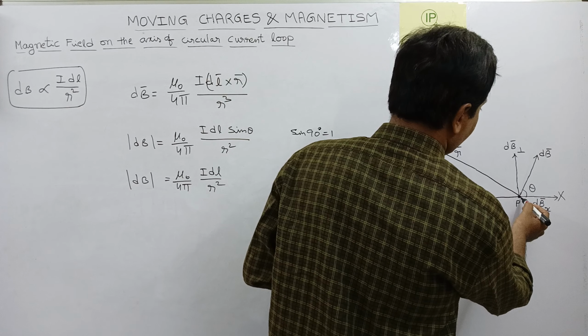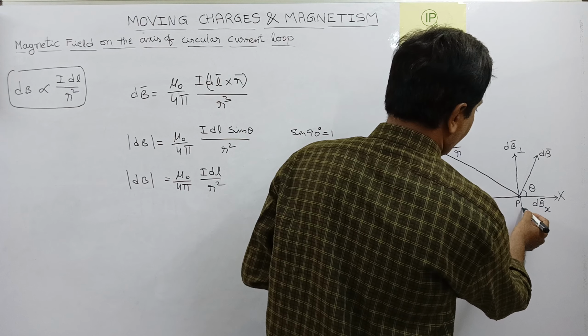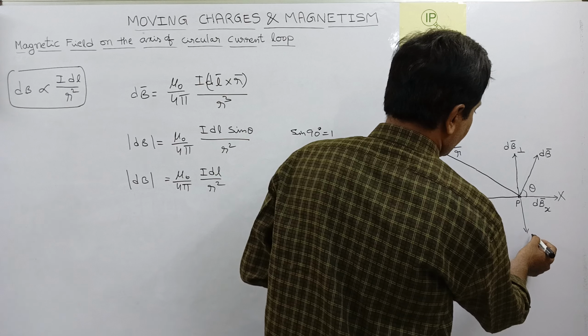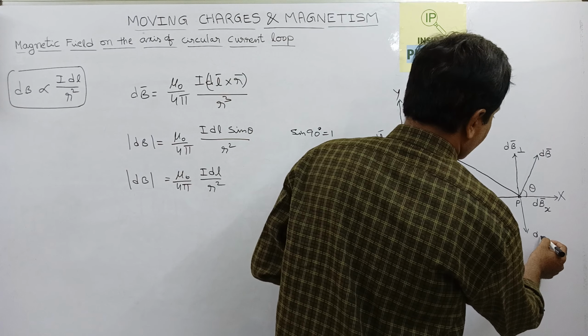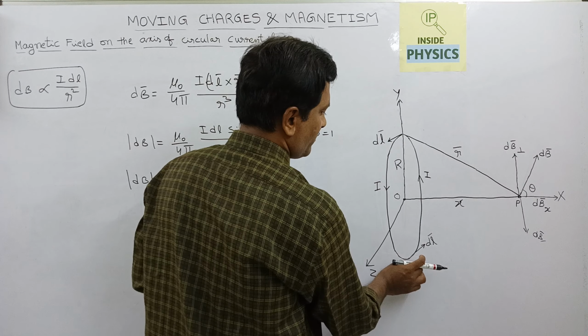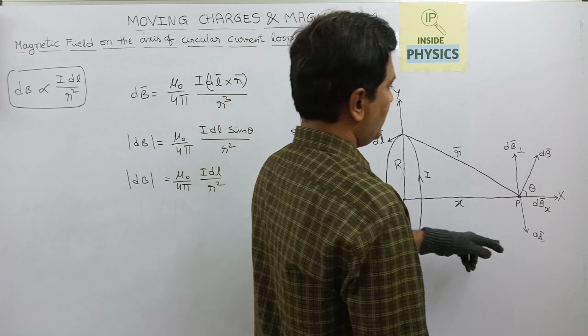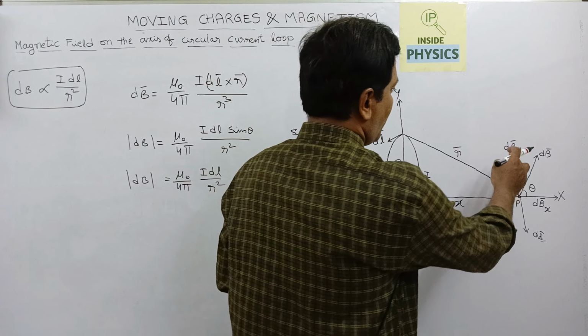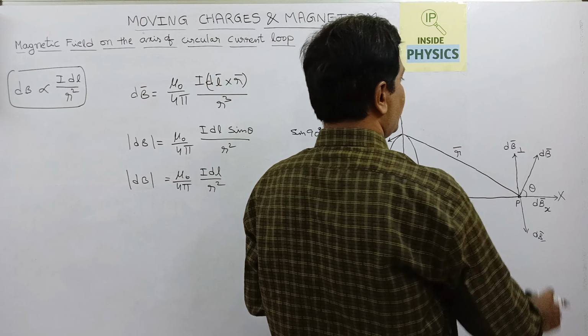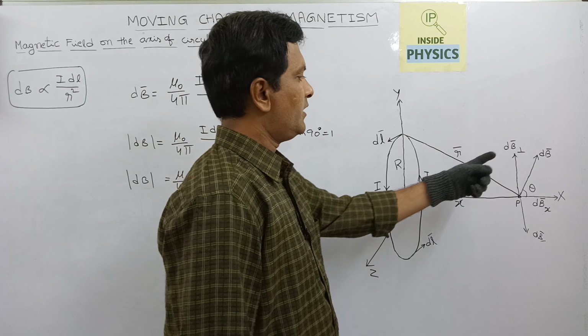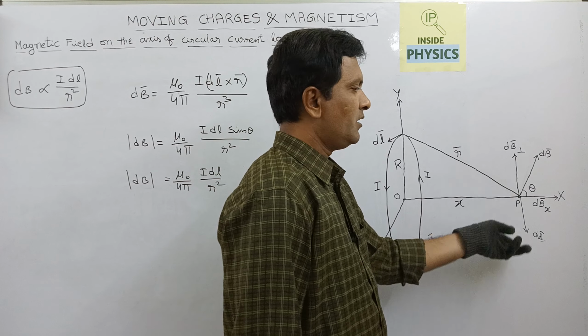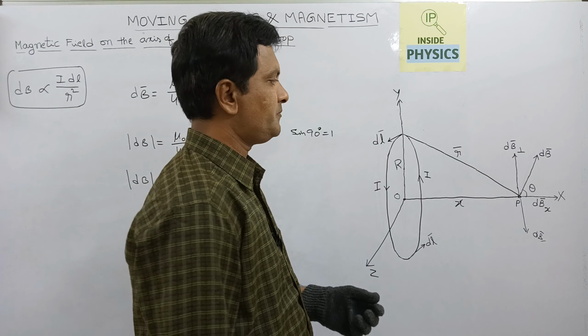Suppose I draw another line here, this is also a dB bar perpendicular because of this current element. Okay, so in this way all the perpendicular magnetic field vectors are cancelled by the opposite component.